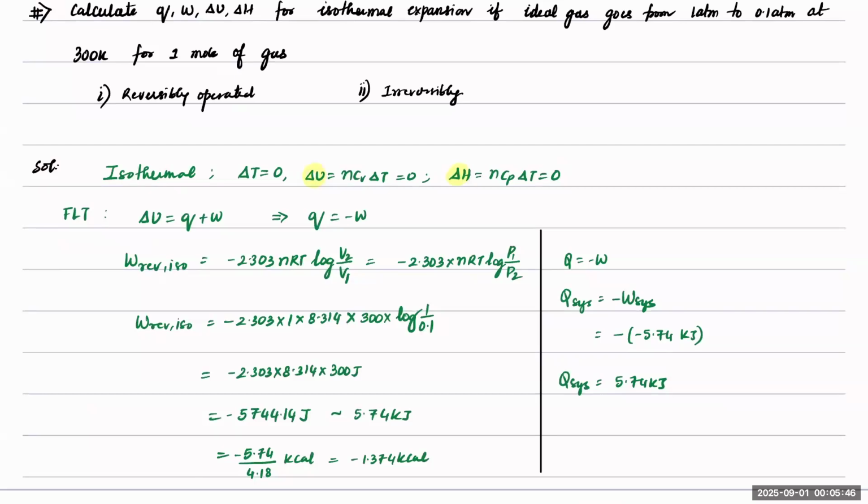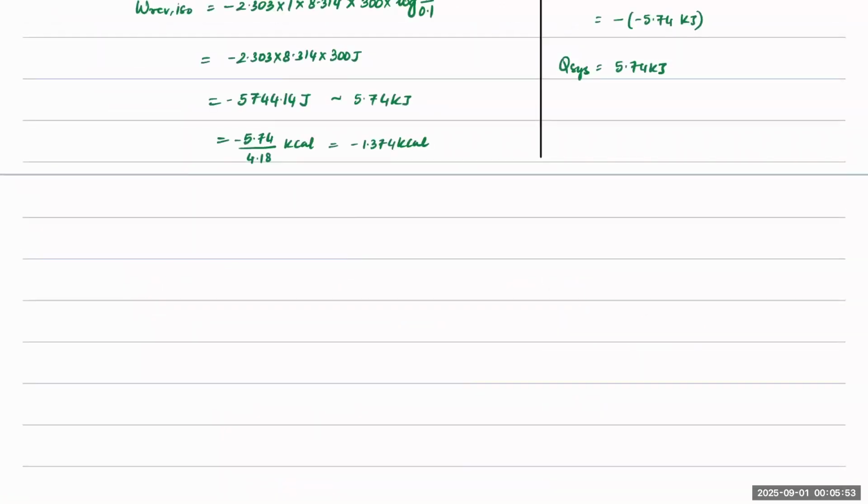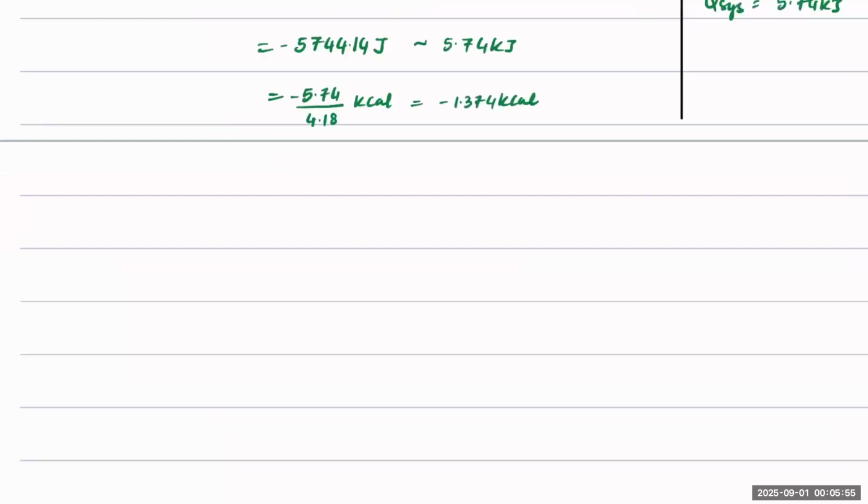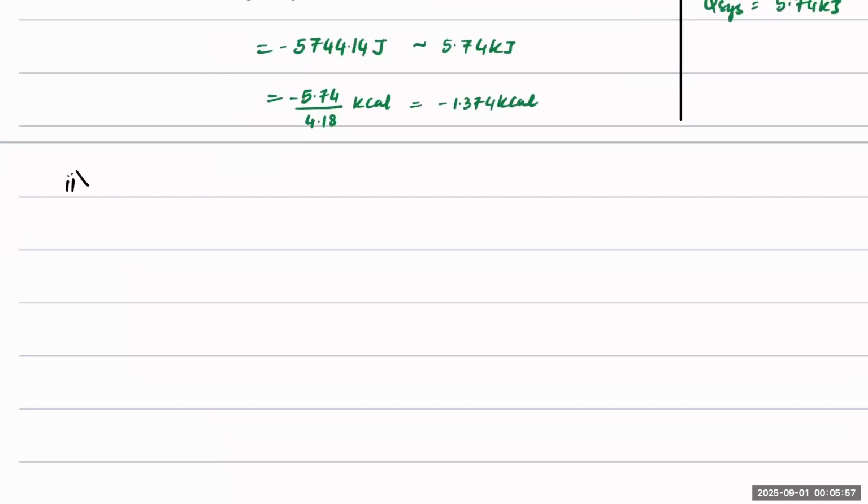Let's see if we are doing the same thing irreversibly. Second part, for the irreversible process, delta U is still going to be zero, because this is still an isothermal process. So these things will not change.